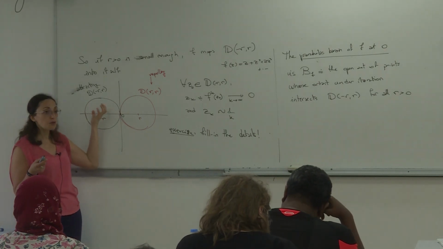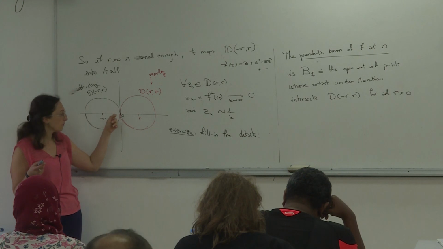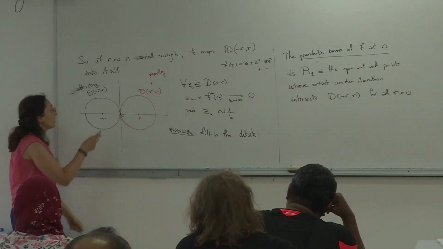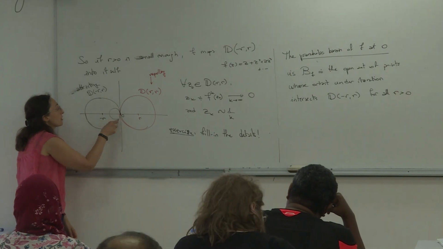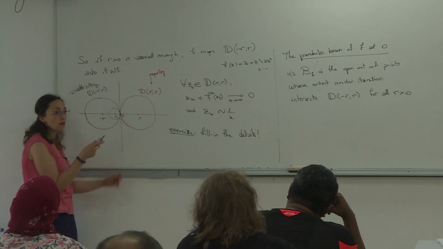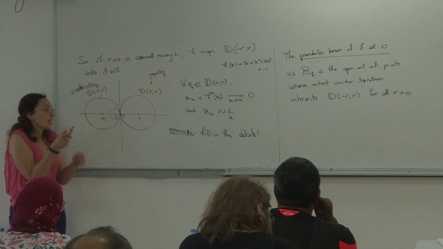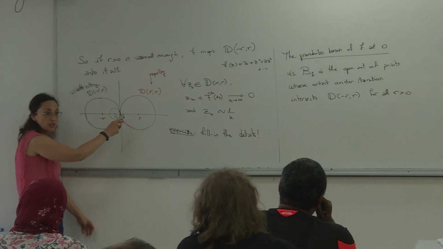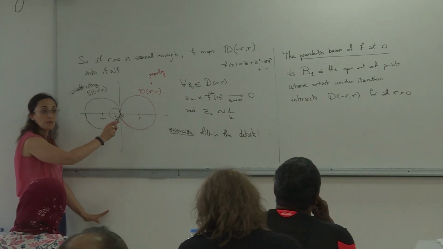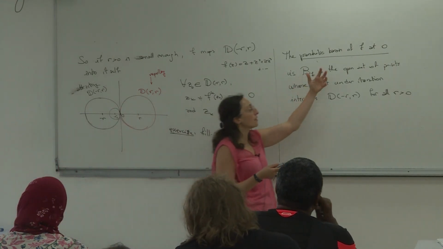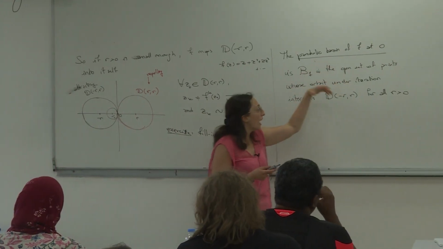So in order to converge to the origin in this tangent to the identity setting, you will have to land in one of these disks. If I'm taking the intersections, I might have minus r0, and this is smaller and smaller, but I have to land in one of those if I want to converge to the origin. You see what I mean? This is why we can define the parabolic basin like this.